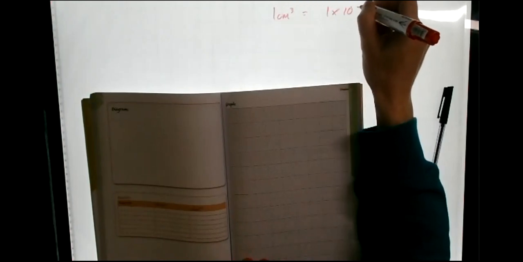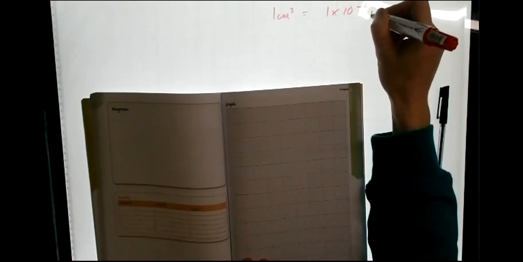Right? So 1 centimeter cubed is 1 by 10 to the power of minus 6 meters cubed.